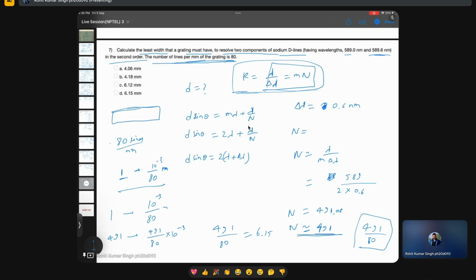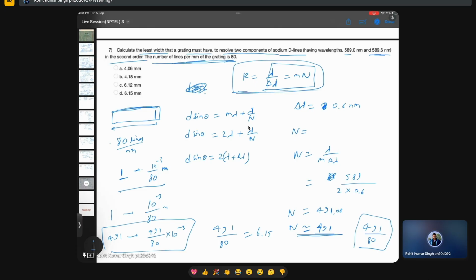Yes, you are right. It is talking about the whole grating, not the width of one single slit. Sorry, I misunderstood. Then it's fine, no?